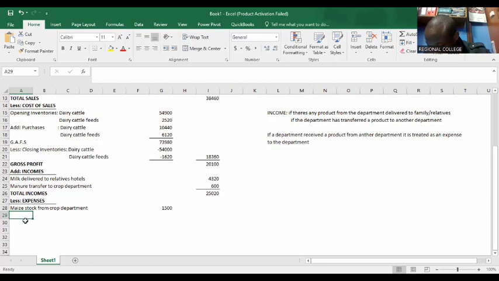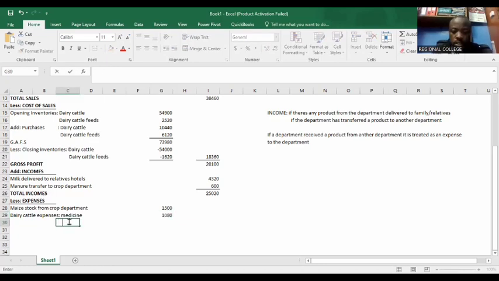Are you able to see something down the last things in the trial balance, the dairy cattle expenses? Medicine, labor, and other expenses. The first one given is what? Medicine, of how much? 1080.